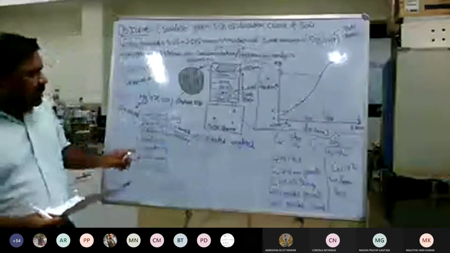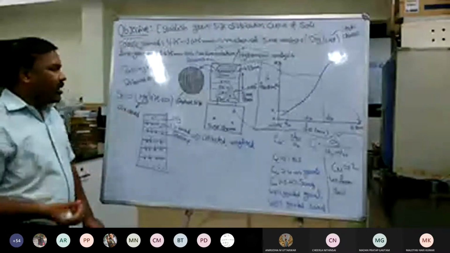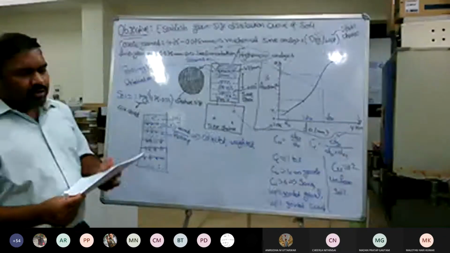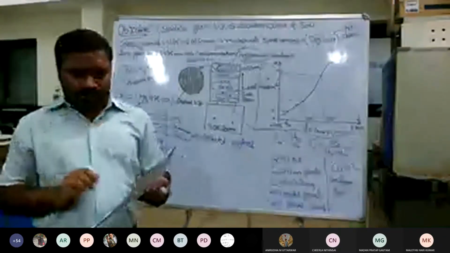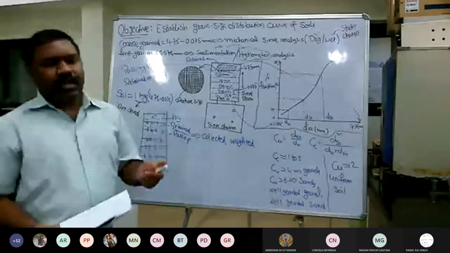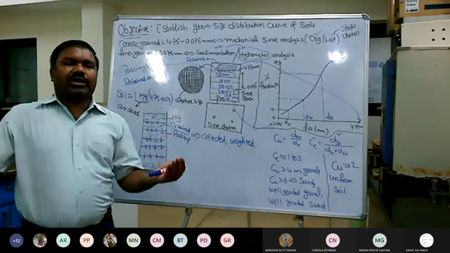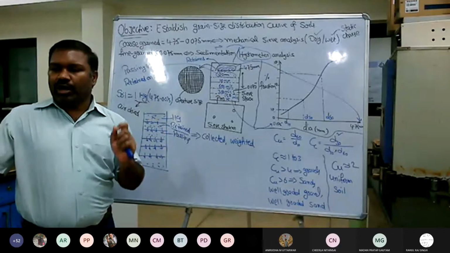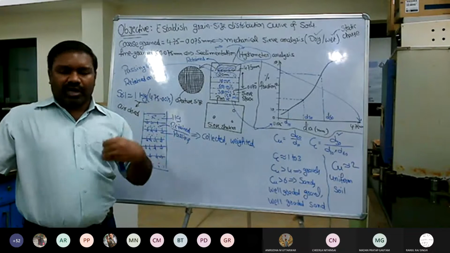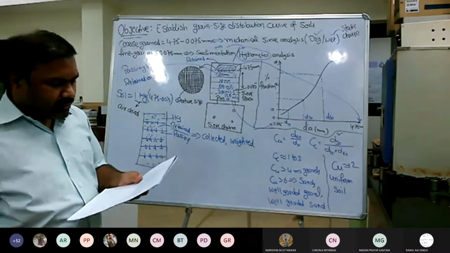Hygroscopic moisture content means, once the soil is air dried, take out a small amount of the soil and keep it in the oven to determine the moisture content of that soil. Hygroscopic means it is the water content which is naturally attracted by the soil particles, not forcefully. That is called hygroscopic water content.